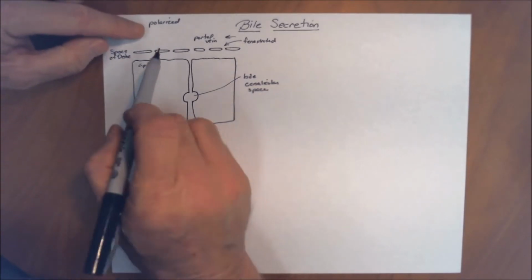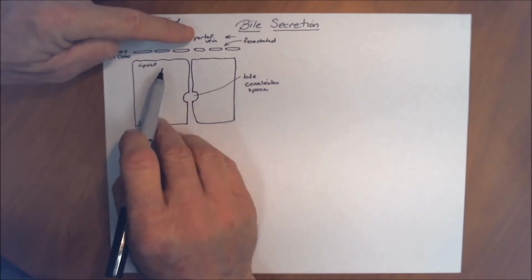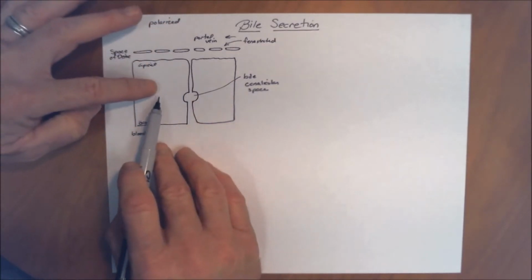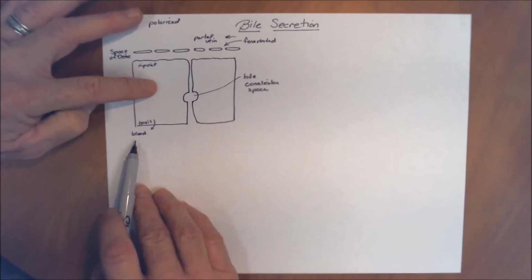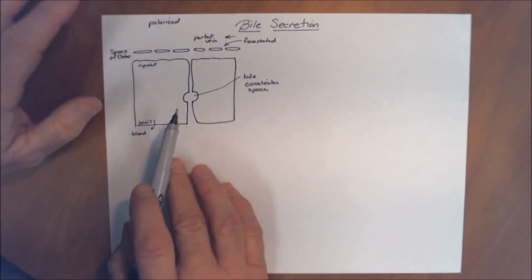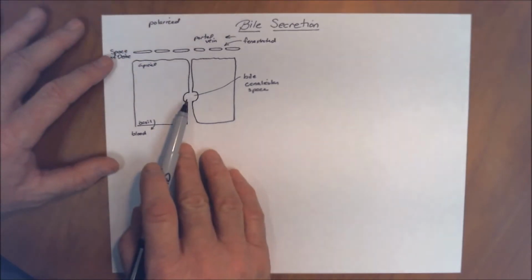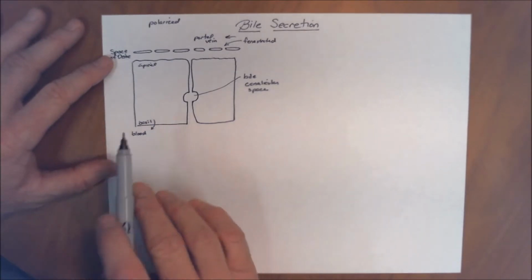So this is where the material is coming into the hepatocyte from the portal circulation. Material from the hepatocyte will be secreted into the blood through the basal surface, but bile components will end up in the canalicular ducts. Now how do we get that in there?